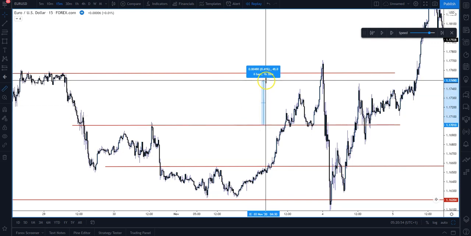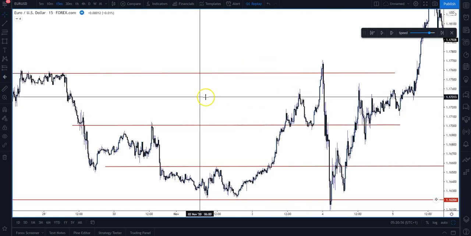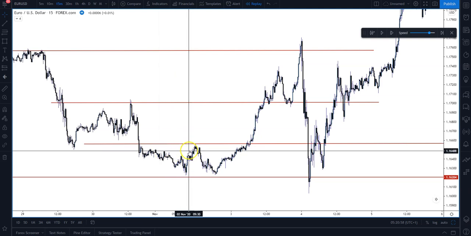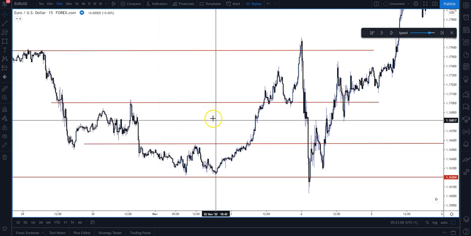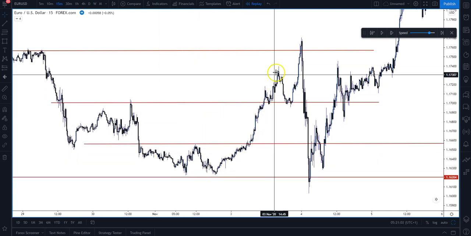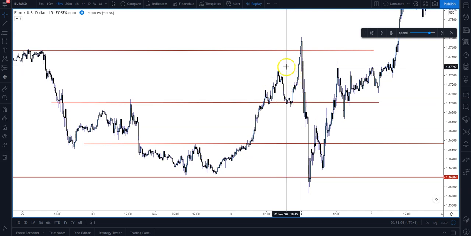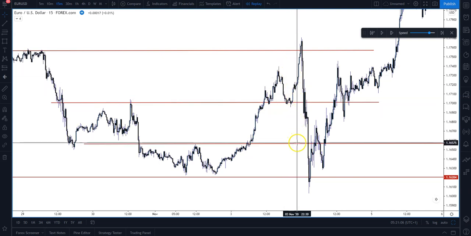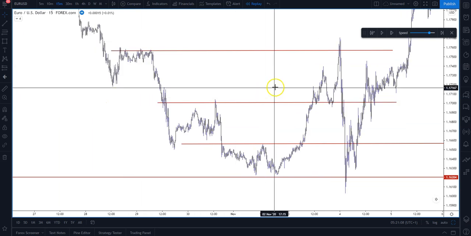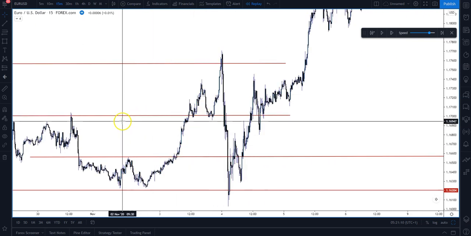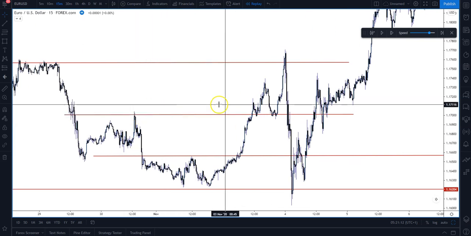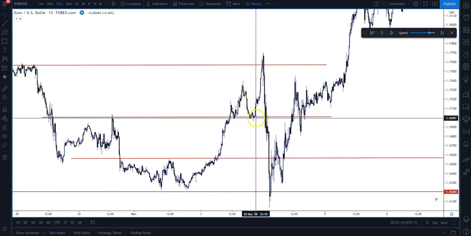That's a solid 50 pips. So we always want to get in on retraces. As this shot up, we're basically waiting for it to come back down for a retrace to go up. What happened is it shot up past the previous high and it retraced that.